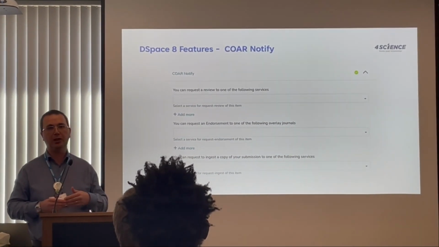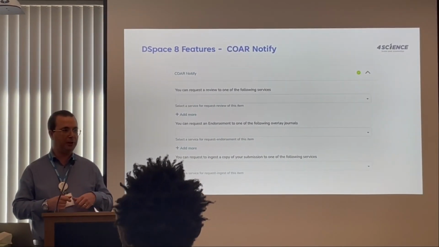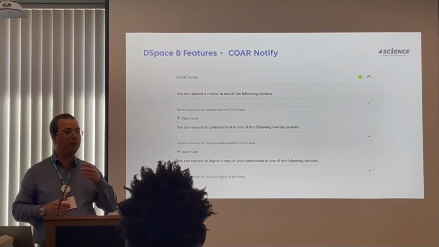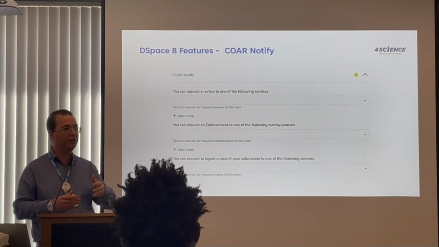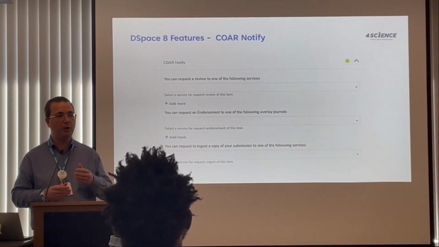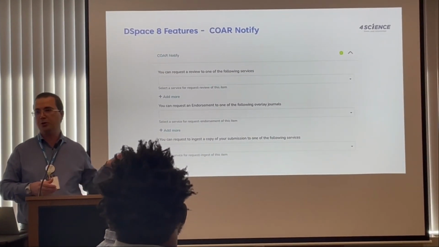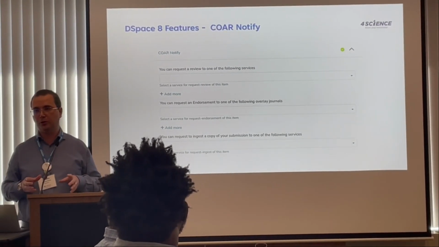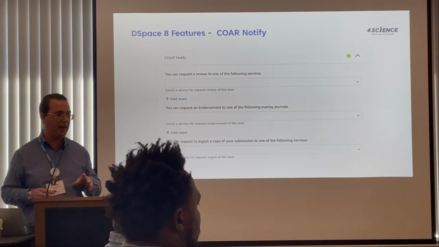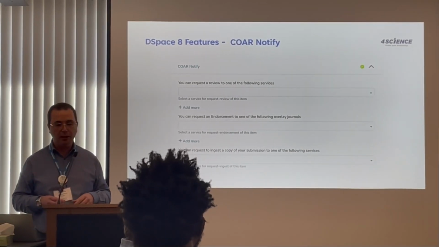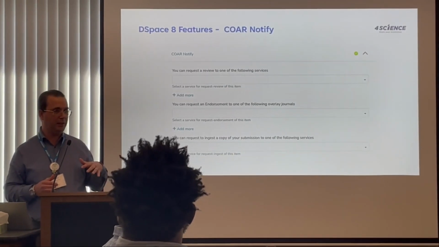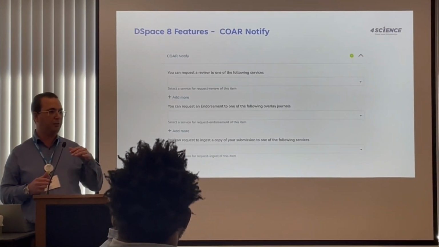The use case is you decide that you want to collaborate with PCI, you want to collaborate with a local Open Journal installation, once that Open Journal System will also integrate COAR Notify. Also JS is part of the network of partners of COAR Notify. So at some point you will have this integration. So your researcher will decide who to ask for this review or ask for an endorsement.